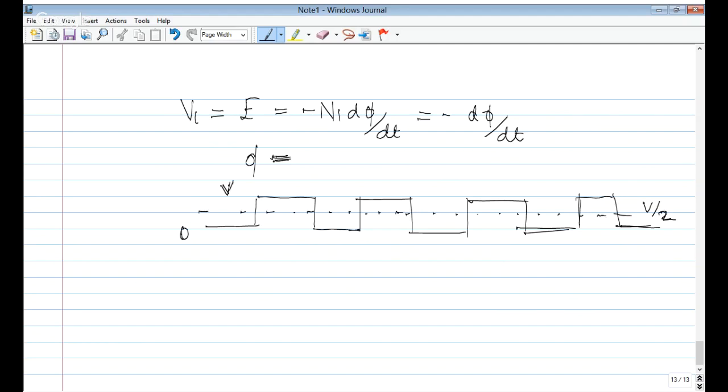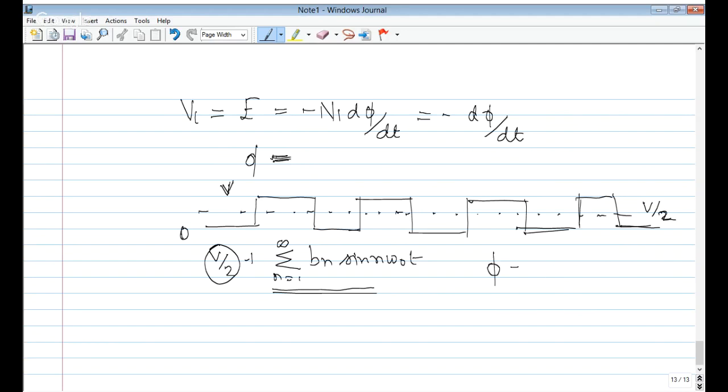It can also be written as V by 2 plus sum as a Fourier series, n equal to 1 to infinity, Bn sin n omega naught t. Now these sinusoidal components will be directly reflected across the secondary, but this DC value will cause saturation of the transformer, due to which the DC value will not be reflected across the transformer. That is, it will saturate the transformer.